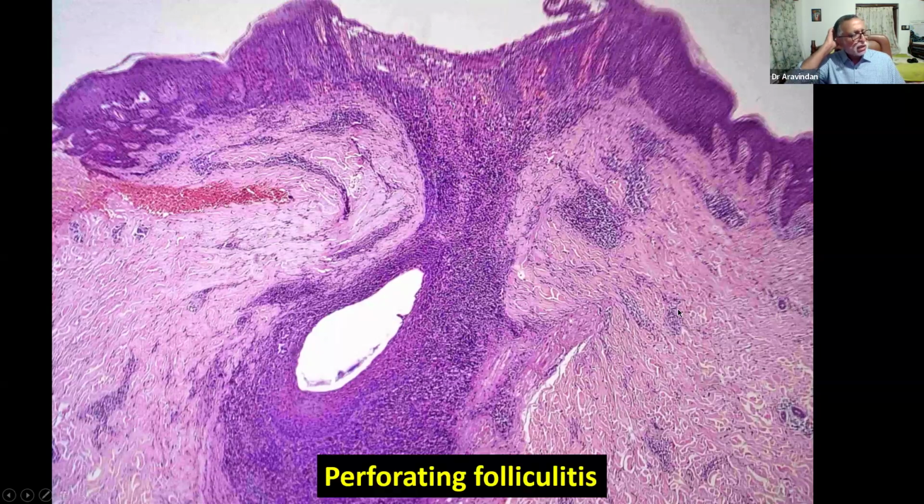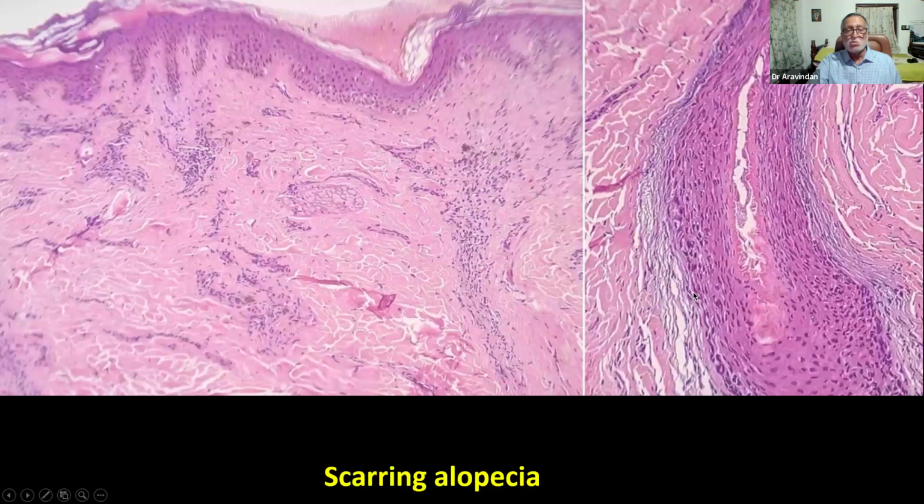And this goes along with other perforating disorders of the skin, many of them associated with diabetes, like Kyrle's disease, where follicle is involved. Sometimes even without the follicle involved, there may be perforating collagenosis, perforating elastosis, and so also. So special stains will be helpful in such cases.